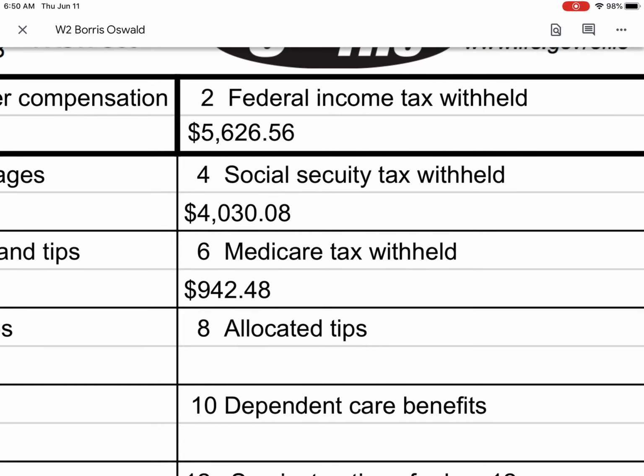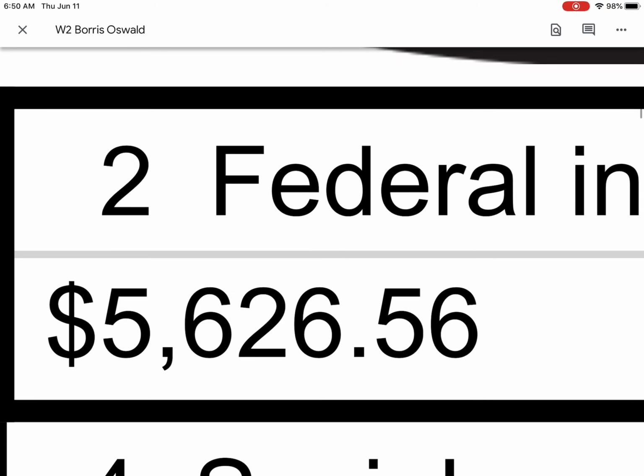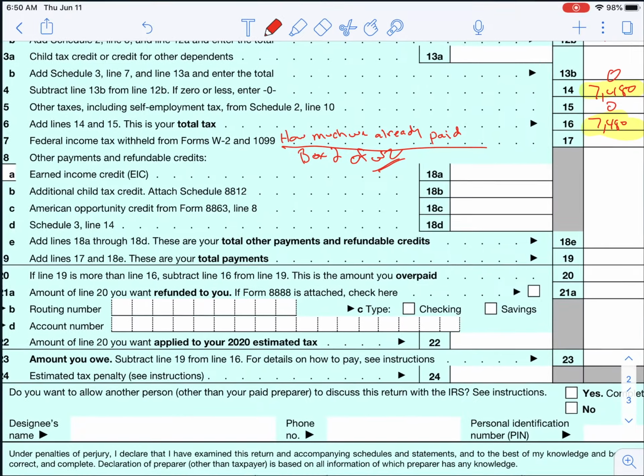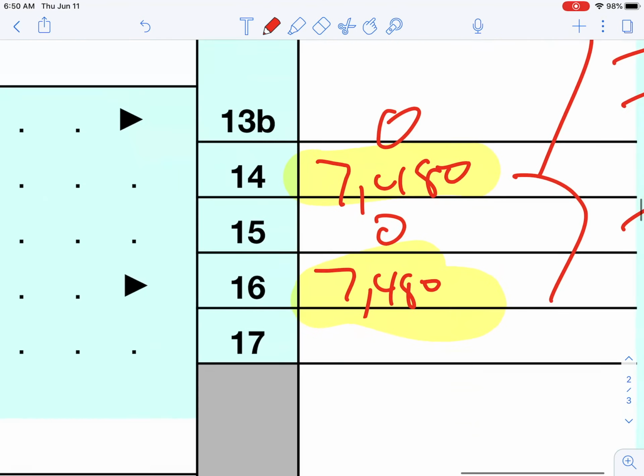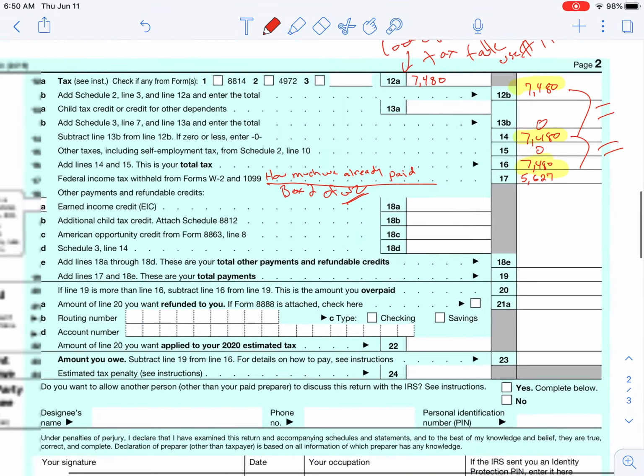You see here, box 2 is what we already paid, and I'm just going to round up, $5,627.